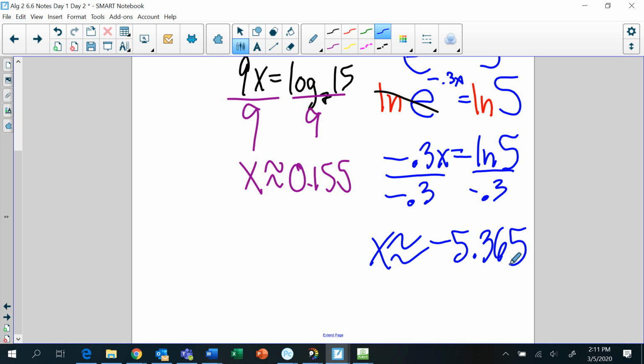That's all you do. So type it in your calculator and make sure that you also get negative 5.365-ish.